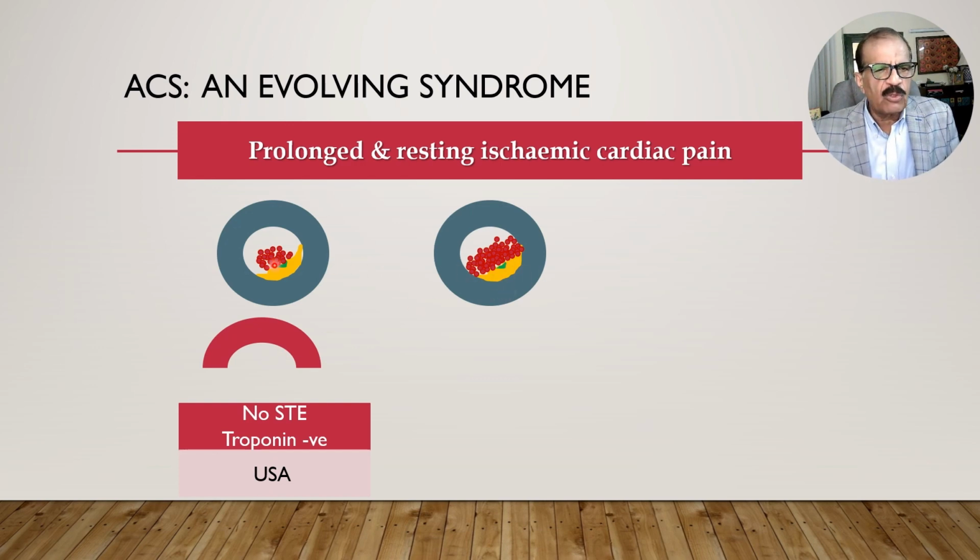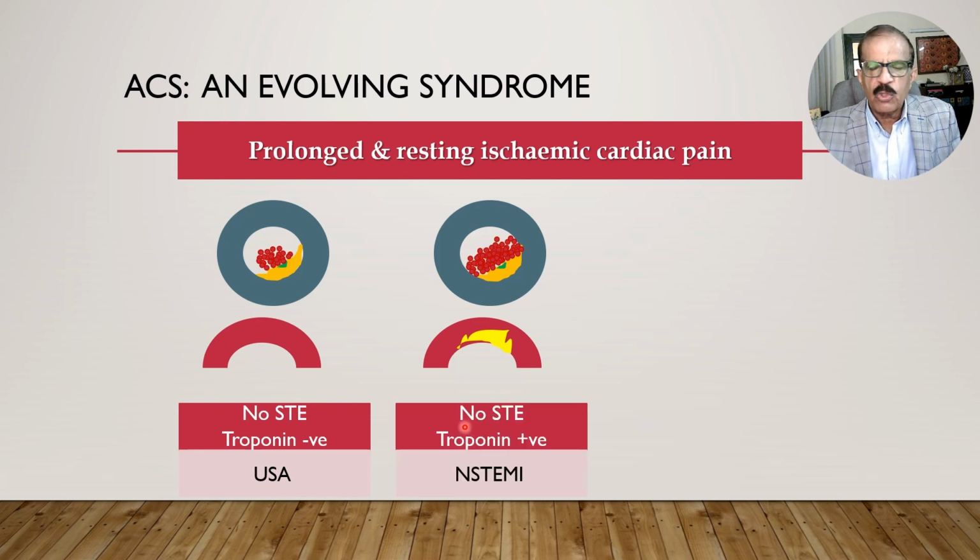Second category is if the thrombus is slightly bigger, it may cause more critical ischemia, and that might also cause non-full thickness infarction. This yellow part is actually infarction. It is not through and through. It is just part of the myocardium. So this type of infarction does not cause ST segment elevation, so there will be no ST segment elevation on ECG.